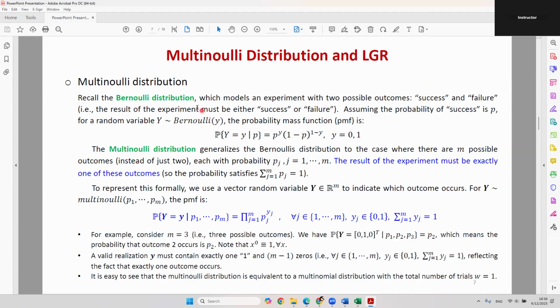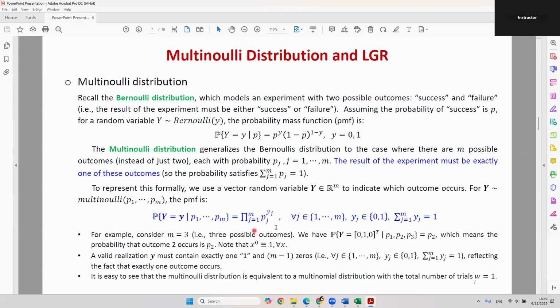Similarly, we can extend the outcomes from two, success and failure, to P outcomes, which gives the multi-Nully distribution. Here I have P outcomes, and the probability of each outcome is Pj. To make it a valid probability distribution, we need the summation of all Pj's equal to 1.